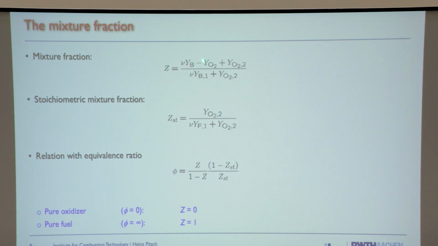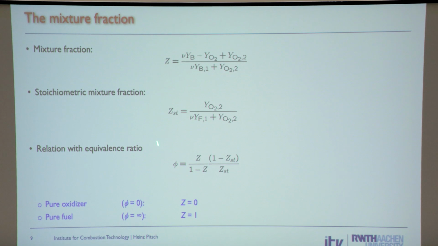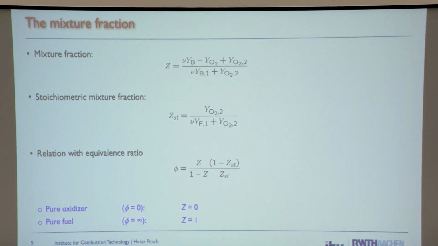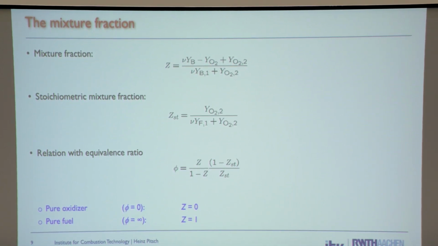In this equation, fuel and oxygen are both 0 at stoichiometric conditions, which gives the stoichiometric mixture fraction like this, and that's typically where the reactions happen, around the surface of stoichiometric mixture. And then we said there's a relation between equivalence ratio and mixture fraction like this, which means, again, mixture fraction is nothing else than the local equivalence ratio.